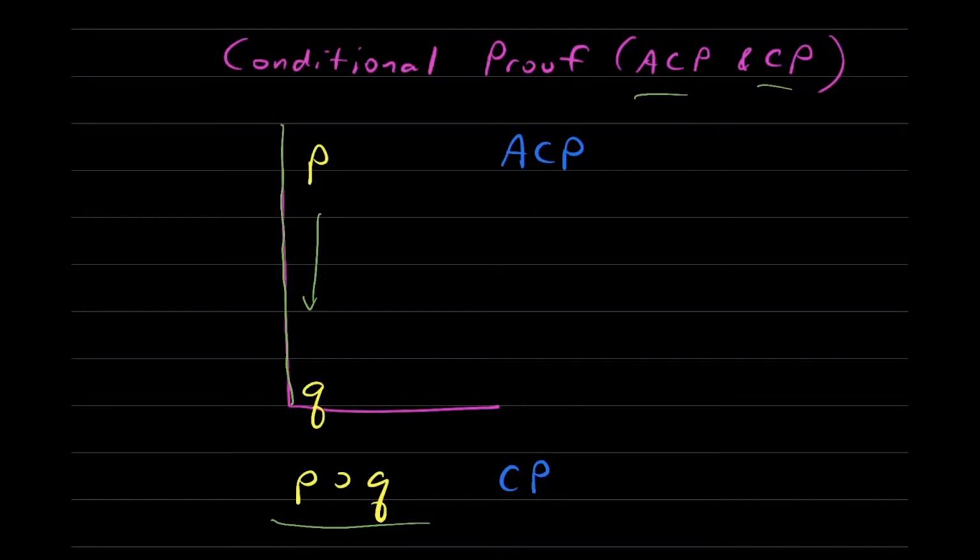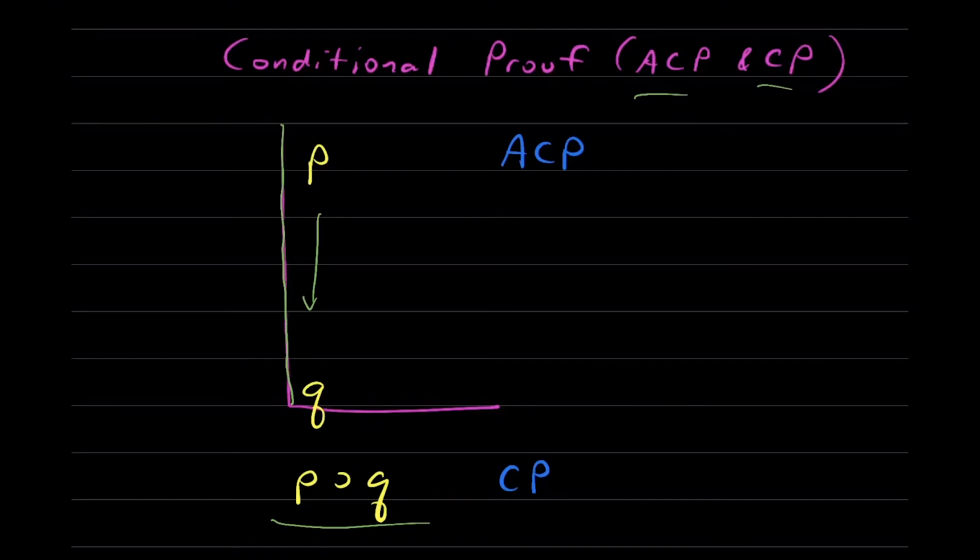A very, very important thing to keep in mind about conditional proof and indirect proof as well is that when you're using these proof methods that allow you to introduce a new assumption into the proof, everything to the right of this vertical line that we're adding into the proof doesn't actually follow from the premises unless you assume that P is true.